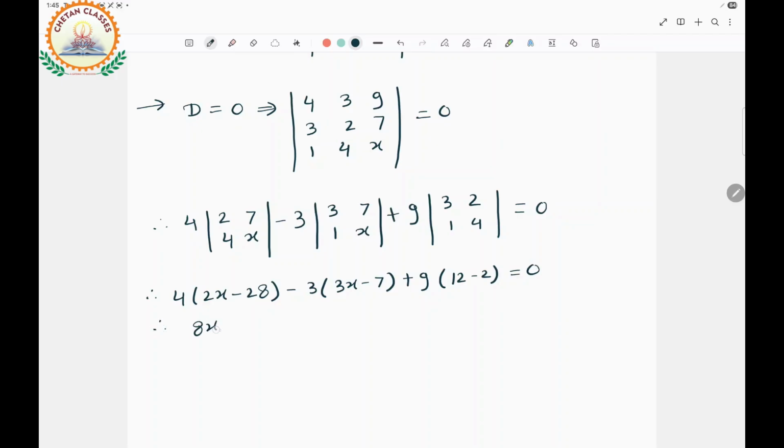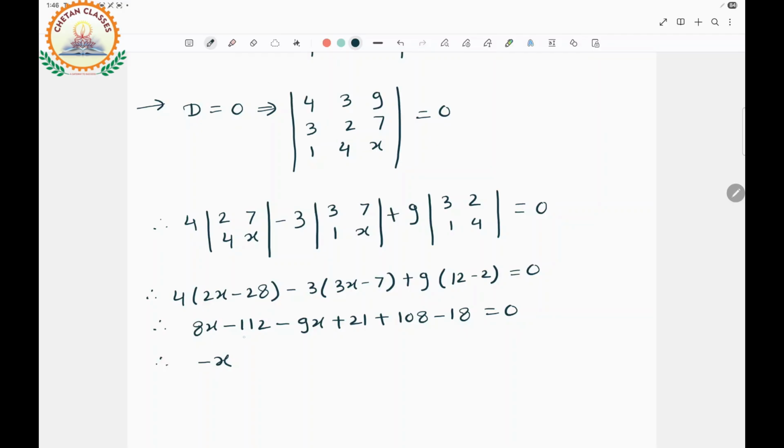So 8x minus 112 minus 9x plus 21 plus 108 minus 18 is equal to 0. So we get here minus x.